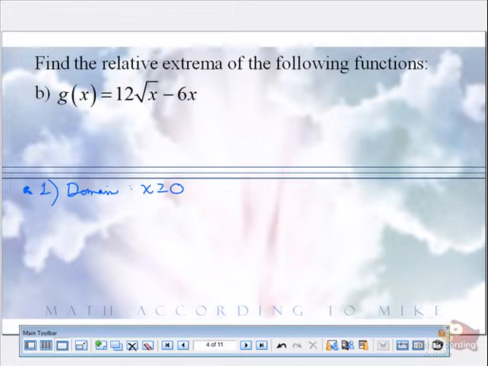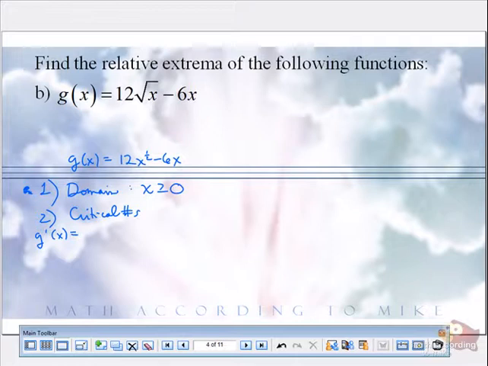Okay. 2. Critical numbers. Find the derivative. See where it's 0. See where it does not exist. We will do this together. Keep in mind, g of x is the same thing as 12x to the 1/2 power minus 6x.